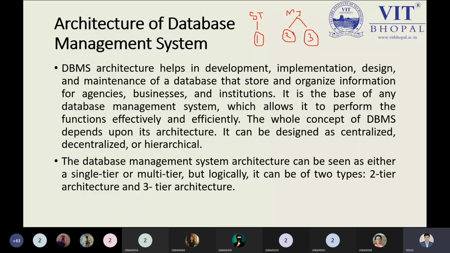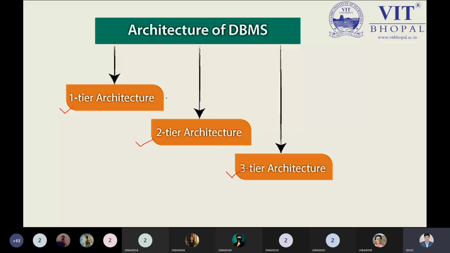So without wasting much time, I will not say this is system architecture. This is the architecture of database system based on tiers. So I can write over here, for betterment in the future you will not make any mistakes. So this is DBMS architecture based on tiers.